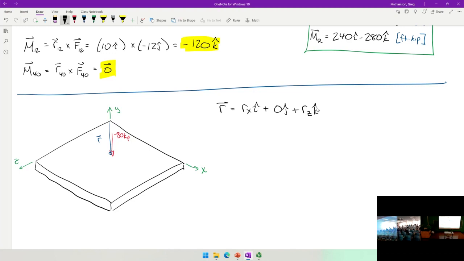So what I'm saying is that this dimension here is Rx, or sorry, I got that backwards. This is Rx, this dimension Rz along that axis. Now the force vector, the actual magnitude of the force, is 0i minus 80j plus 0k.